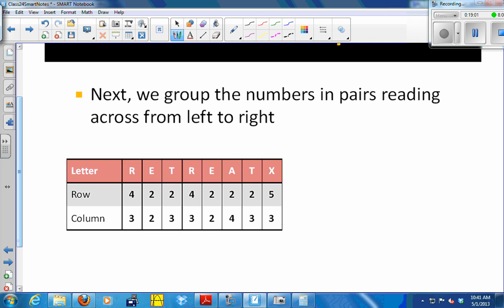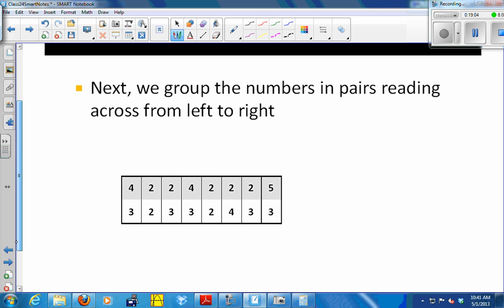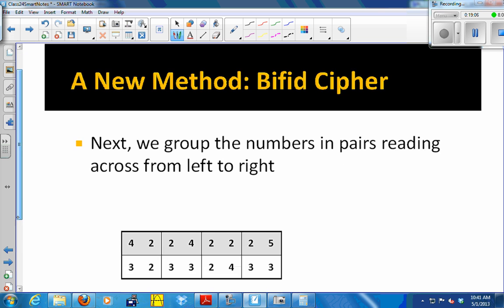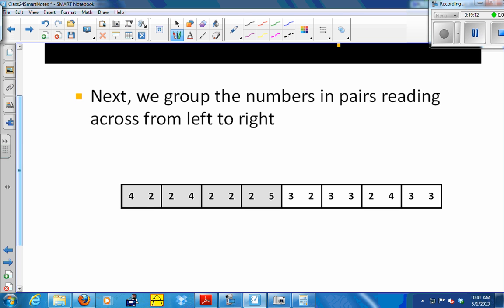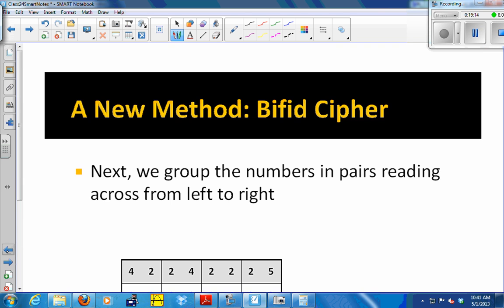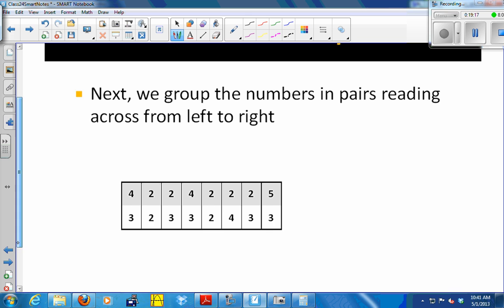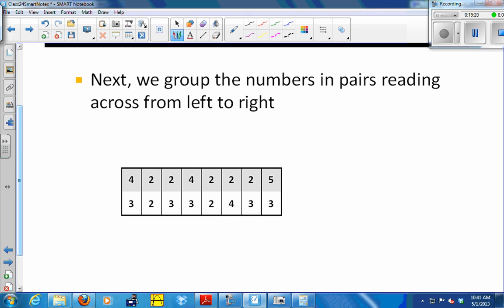So next, we group them in pairs, reading from left to right. So we had them vertically, 4, 3, 2, 2. Just take all these numbers on the bottom and write them out across left to right. That make sense? Take the numbers in the bottom, write them out left to right. Then you read them in pairs from left to right.